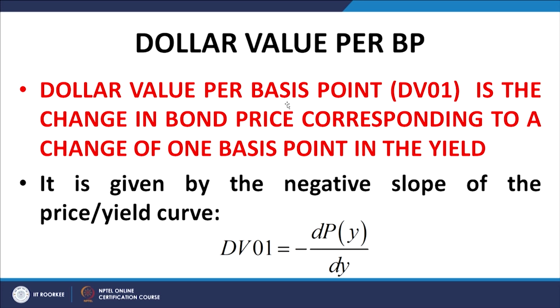Dollar value per basis point, DV01, is the change in the bond price corresponding to a change of 1 basis point in the yield. This is given by the negative slope of the yield price curve.